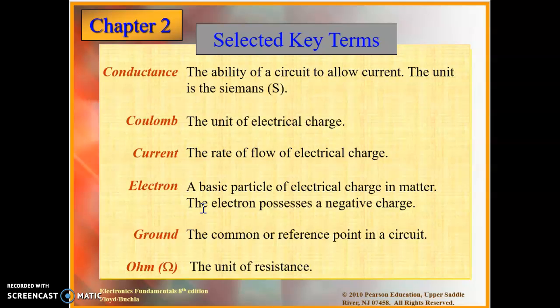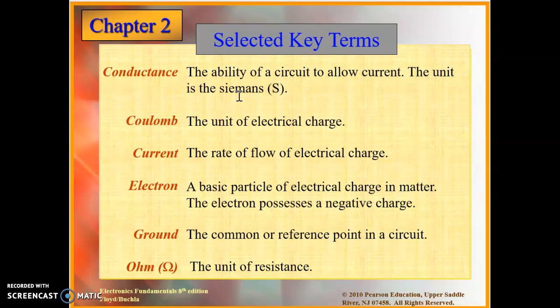We discussed conductance. So we know that the units of conductance are Siemens, and it is 1 over resistance. So if the value of a resistor is huge or large, we have a small conductance.